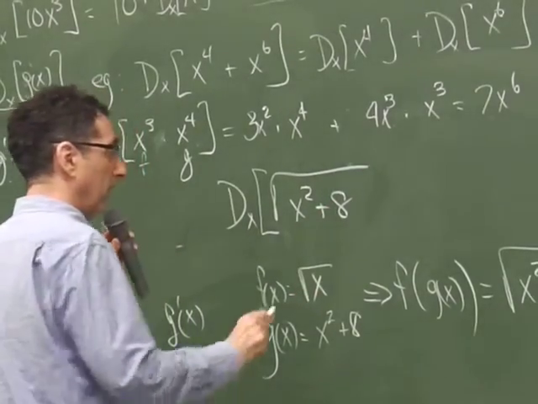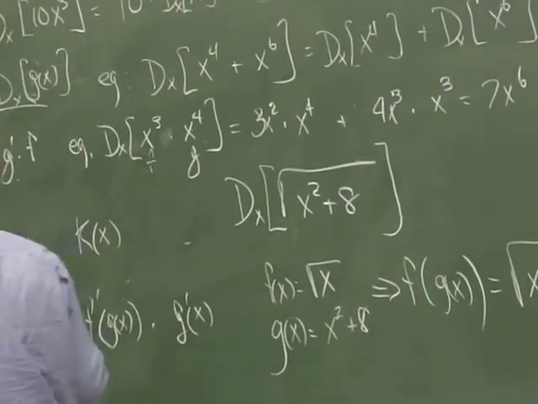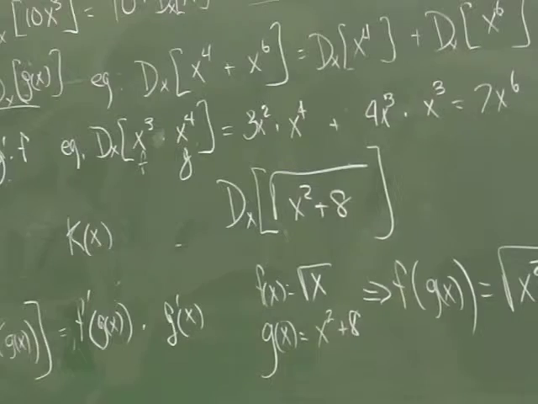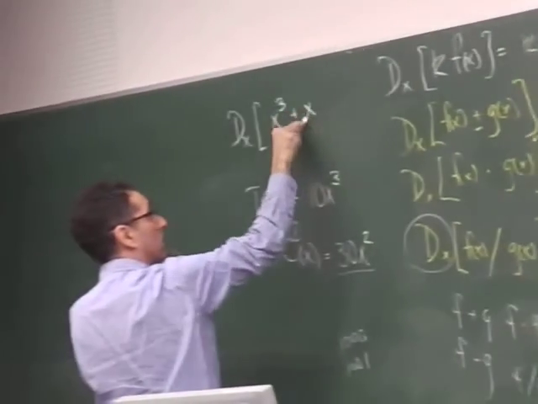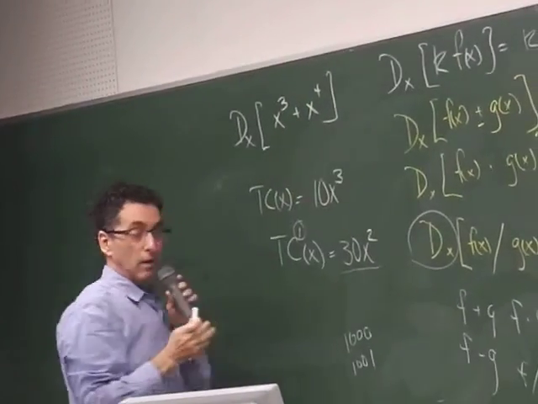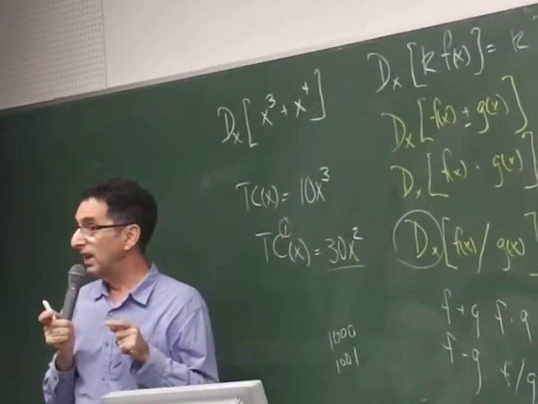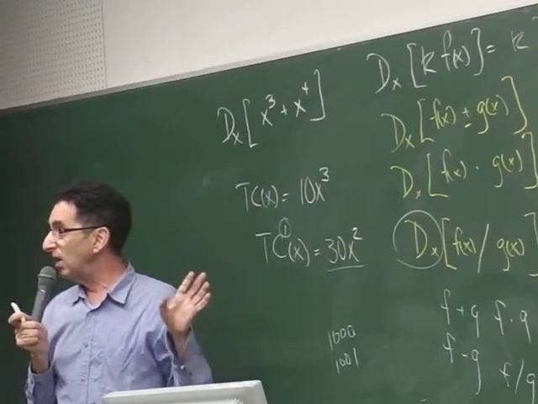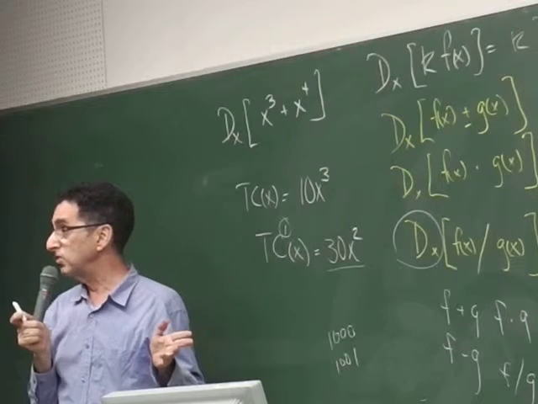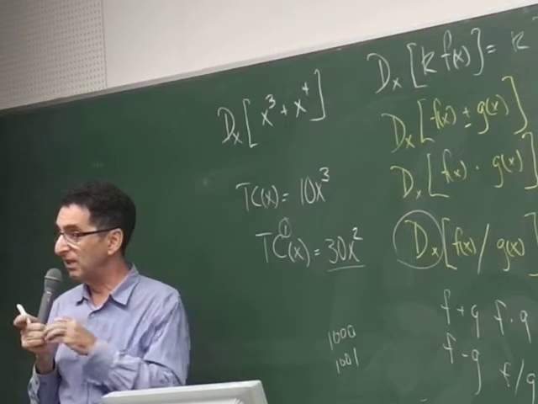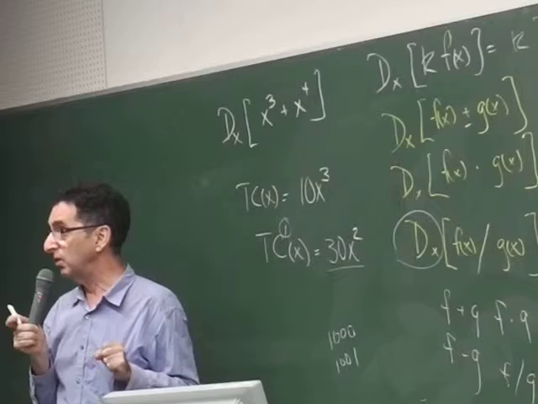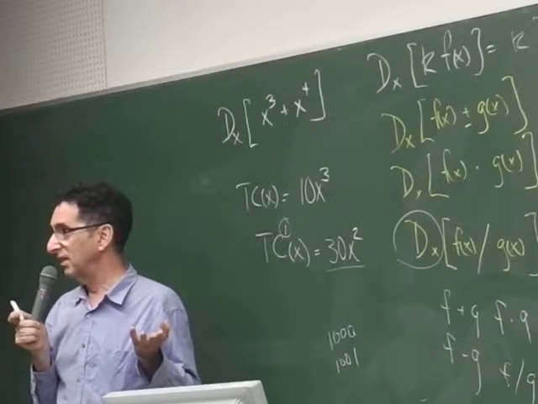When I asked you what the derivative of x cubed plus x to the fourth was, you immediately saw which one was f and which one was g. It's very quick to break it into two, it's obvious.